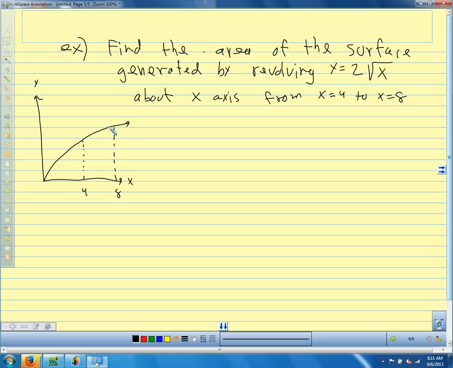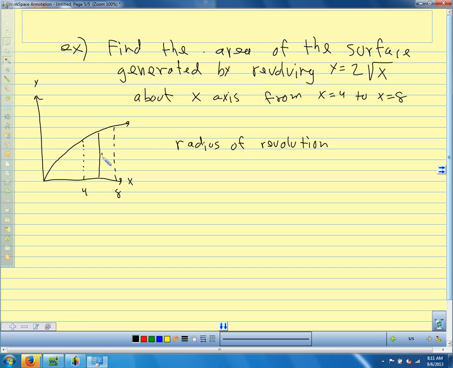So what is going to be our radius of revolution? What gives us our radius? If we're not sure, let's draw it in. Here's our axis of revolution, the x-axis.